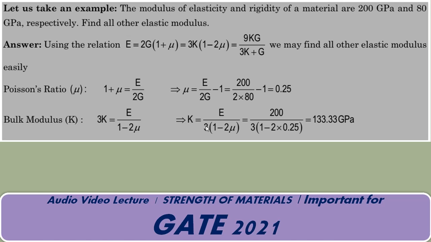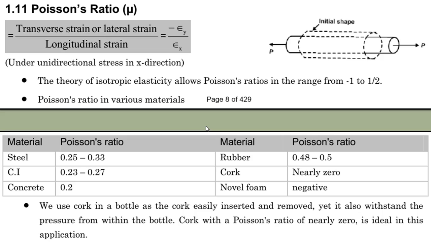So now Poisson's ratio. What is Poisson's ratio? Poisson's ratio is transverse strain or lateral strain divided by longitudinal strain. Whenever we apply load to the rod, its initial shape is this. After applying tensile load, the area will change.